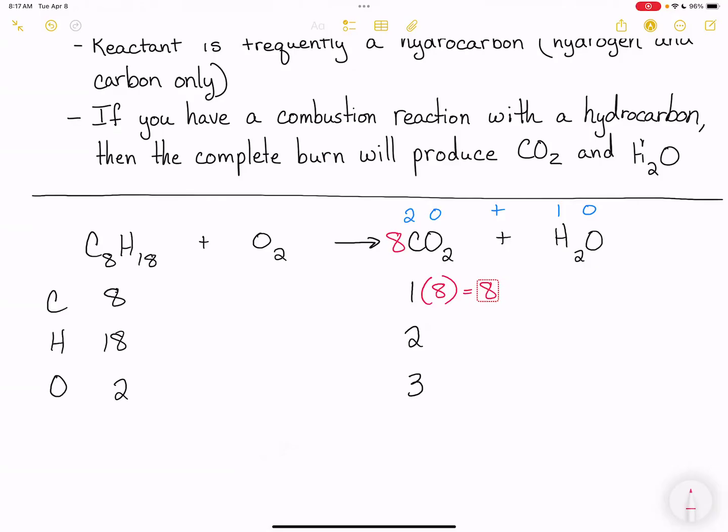Now, if I were to write out all of those carbon dioxide molecules, all 8 of them, you would see that yes, we wound up with 8 carbon dioxides. But in the process, we wound up with 16 oxygens. In other words, we have 8 times 2 oxygens from the carbon dioxide. So that means we are now up to 17 oxygens.